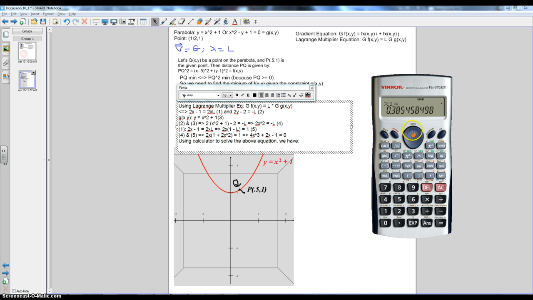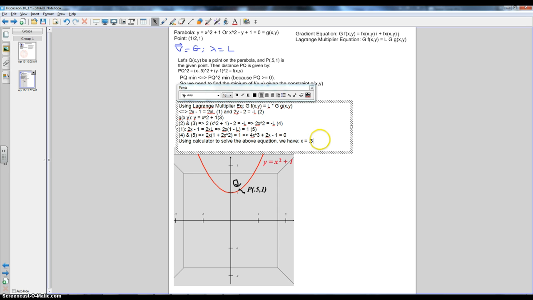So we have three solutions for x. However, you can see x2 and x3 are complex answers, so we only worry about the first one. It is going to be 0.38546.